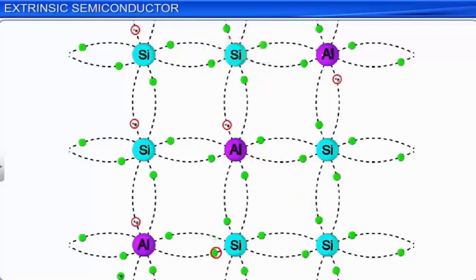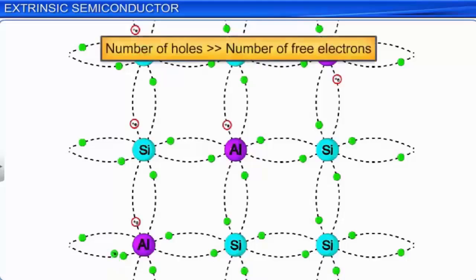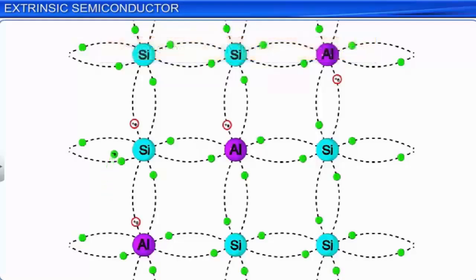Thus, the number of holes in a semiconductor doped with a trivalent dopant is much larger than the number of free electrons in it. We learnt earlier that a positive charge is assumed to be associated with holes. Thus, positively charged holes act as majority charge carriers in a semiconductor doped with a trivalent dopant.